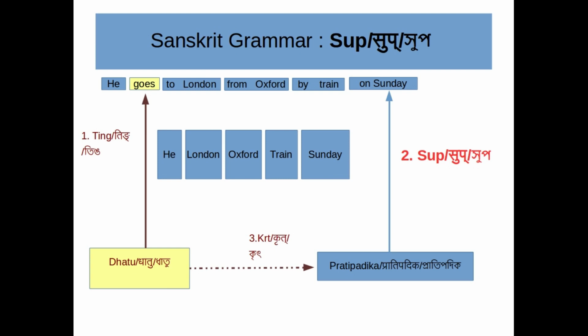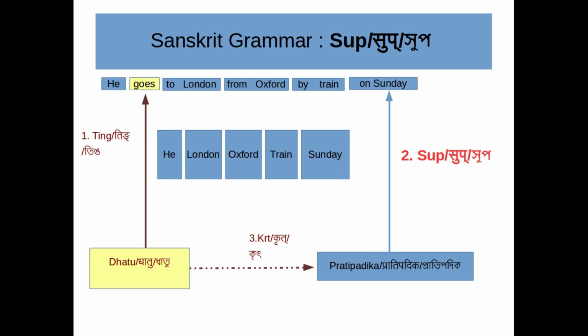That means the dhatu will be duplicated before forming the tinganta pada, but we will not go into that deep. Now, it solves for just one word in this example. How about other words? There are other things in this sentence like he, London, Oxford, train, Sunday.